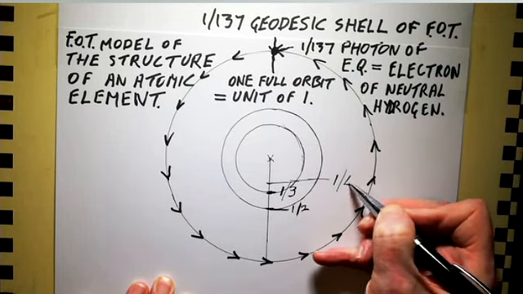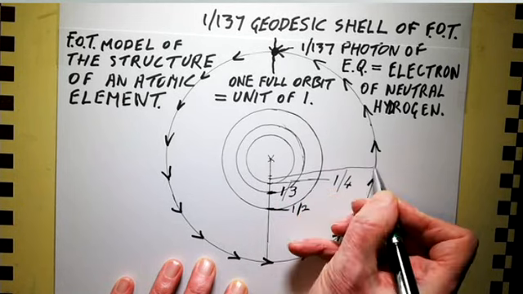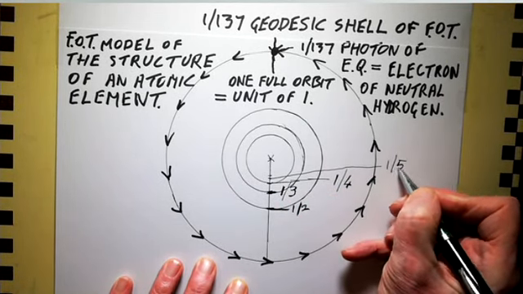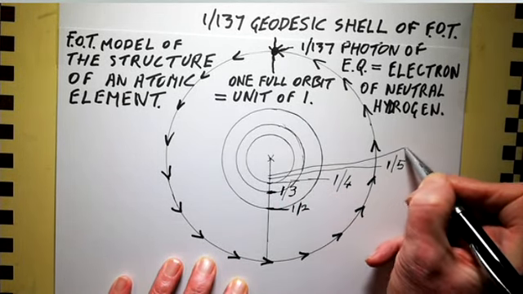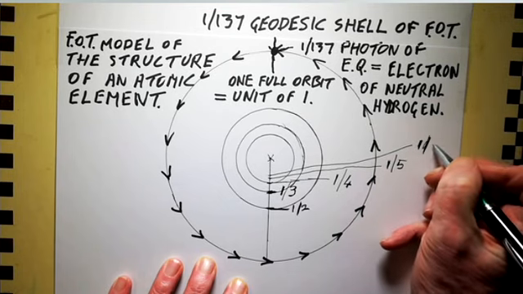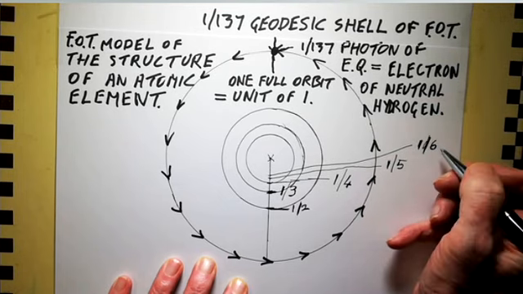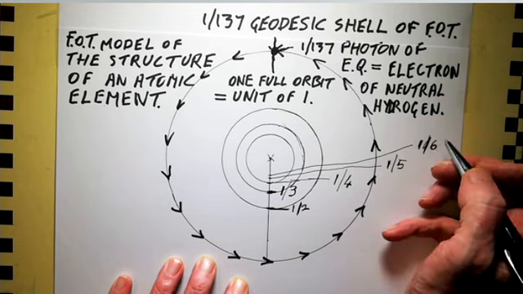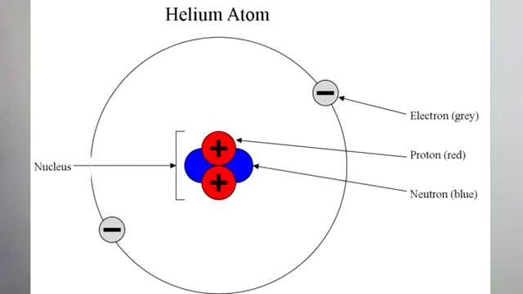Every internal composite shell must have an intrinsic geodesic orbital frequency, which is a whole number integer of the 137 geodesic orbital frequency. The subsequent formation of the heavier elements, beginning with helium, is a process which occurs over time.